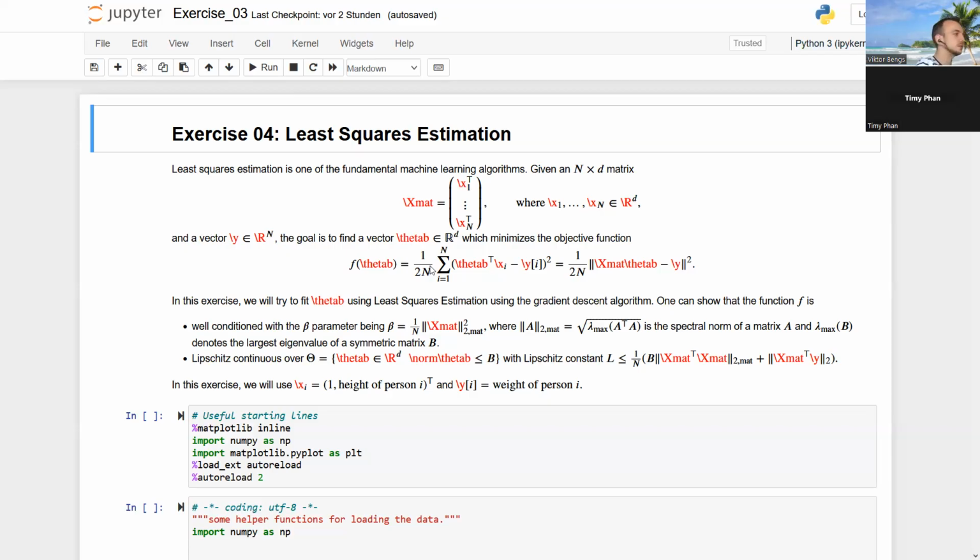Of course, this normalization is simply a constant, which is not relevant for the optimization with respect to theta.